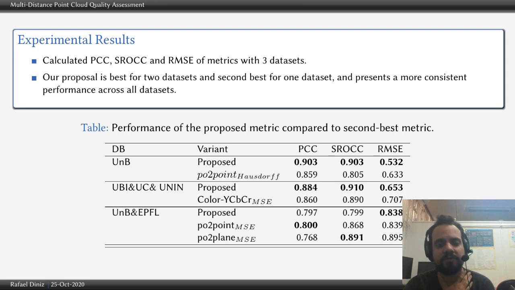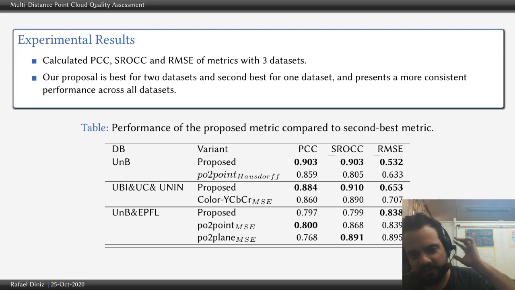And here, with the ground truth described on the left and the database also, there are three datasets. For the first one, going top down, we were the best, and the second best was the point-to-point Hausdorff distance, and we were the only one higher than 0.9 in both PCC and SROCC, and also had the lowest RMSE.